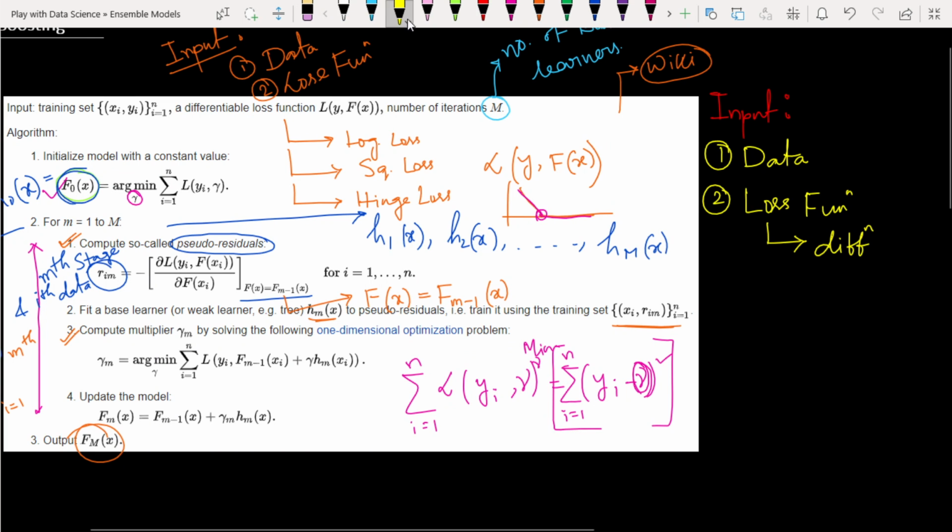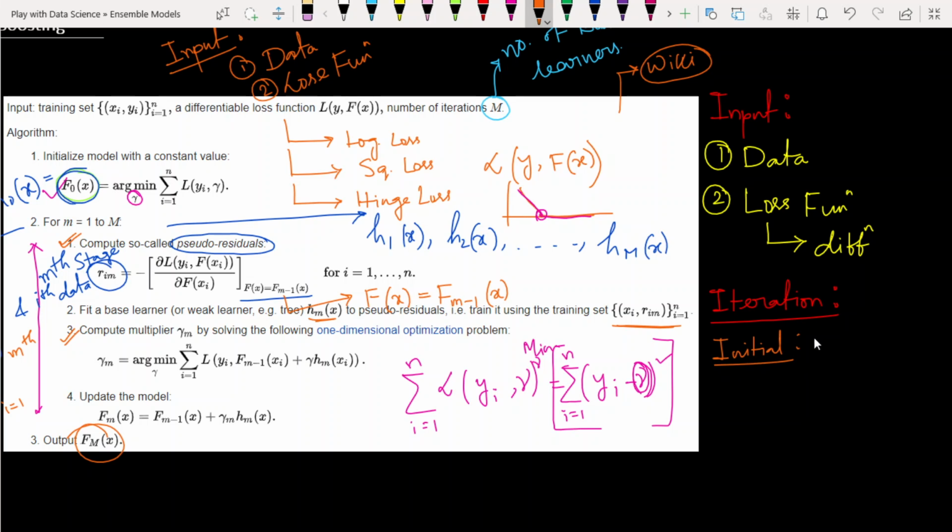Now we enter the iteration stage. In the iteration stage, first we have to build the initial model. Initial model means we have to assume our first F naught of x.